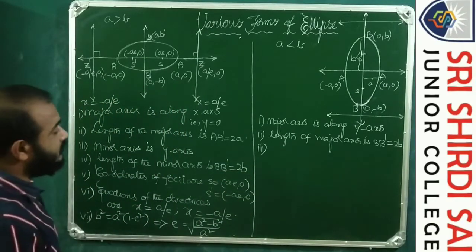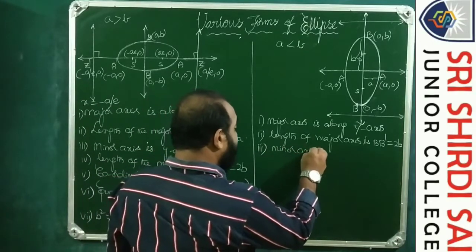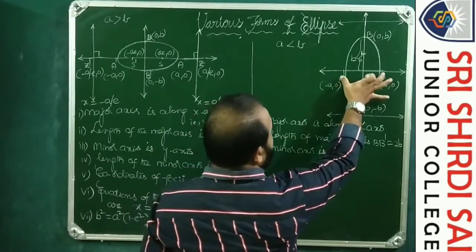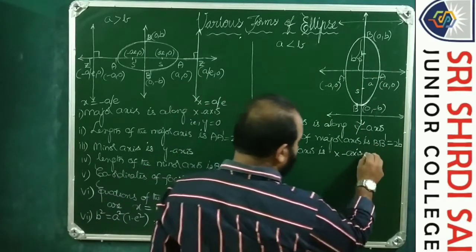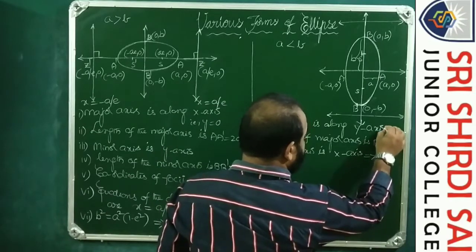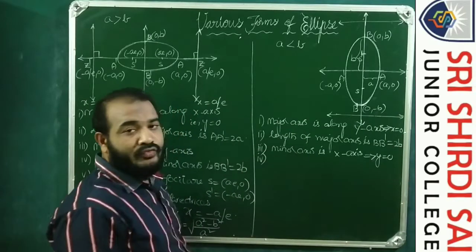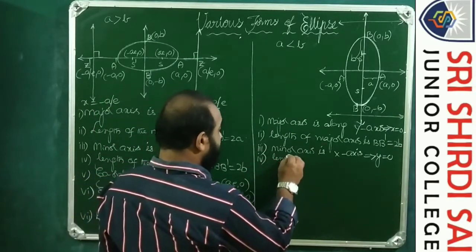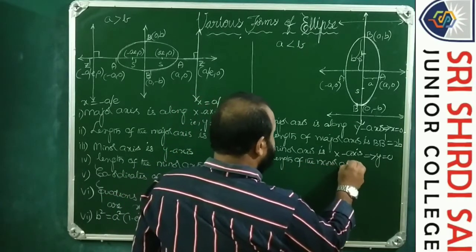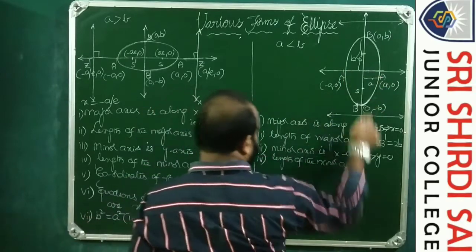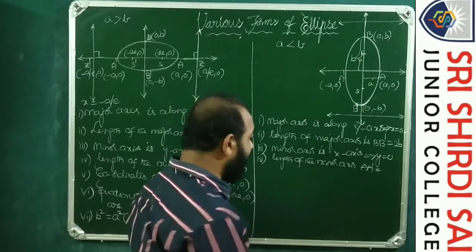Likewise, what is the minor axis? Here the minor axis is the x-axis, which is y equals 0. This is x equals 0. So the length of the minor axis is A dash, which is equal to, this is A and this is A, totally 2A.